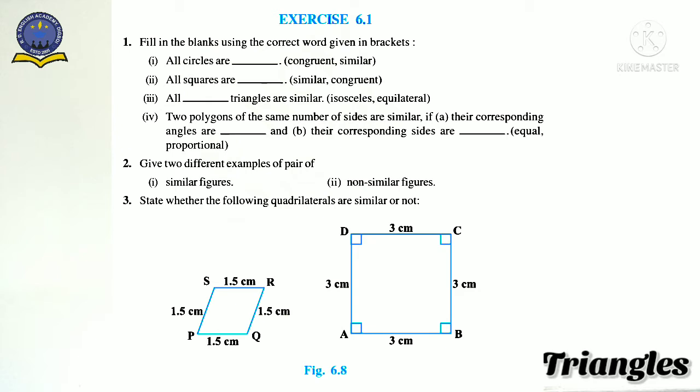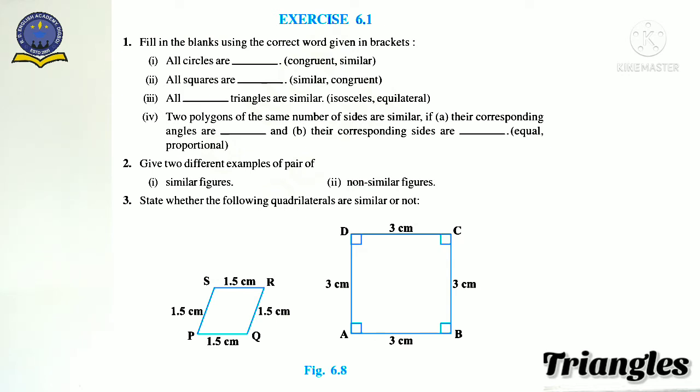similar. In the second case, all squares are similar or congruent. Here we have to write similar, because different sizes of squares we get. The third one is, all dash triangles are similar. In case of similar, the shapes must be the same.